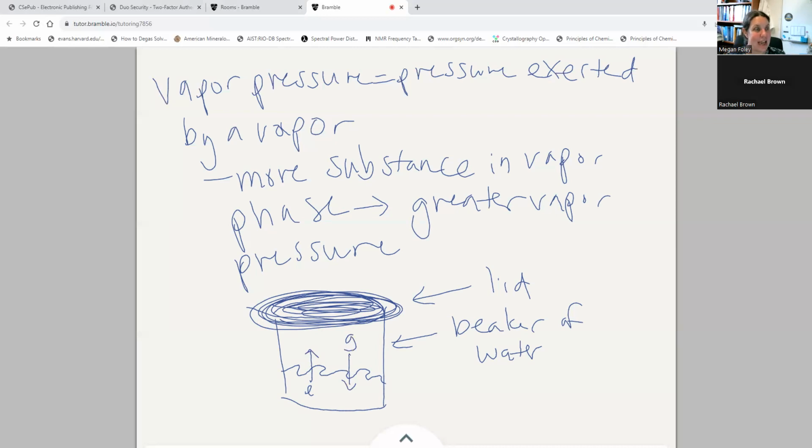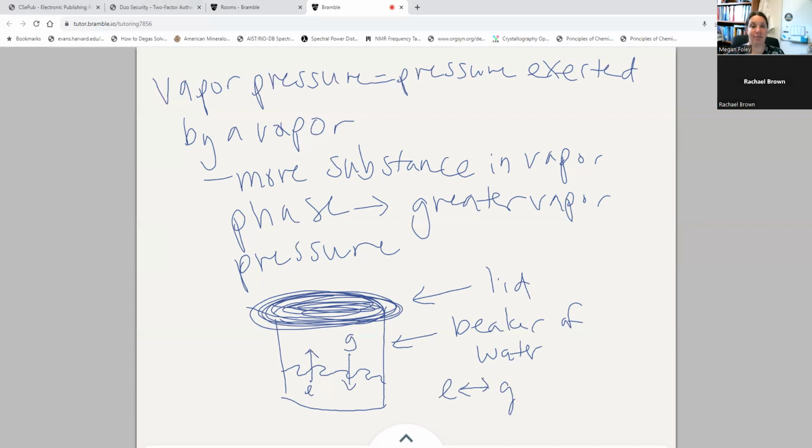So they'll be in equilibrium with each other. Our liquid and our gas will be in equilibrium with each other. Even if we're not at 100 degrees Celsius, there'll be some amount of gas in there. If we're talking about room temperature, there's not going to be a lot of gaseous water, but there's going to be some amount. We probably understand that there's some amount of water in the air. We live in a very humid area. So we understand that water in the vapor phase is a thing.